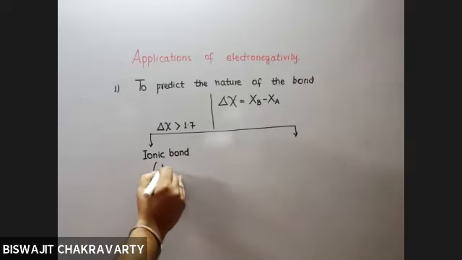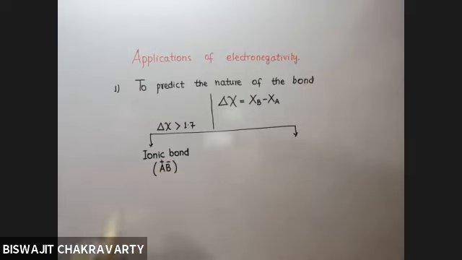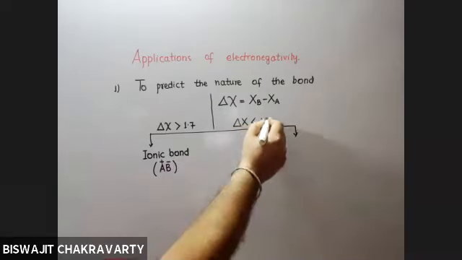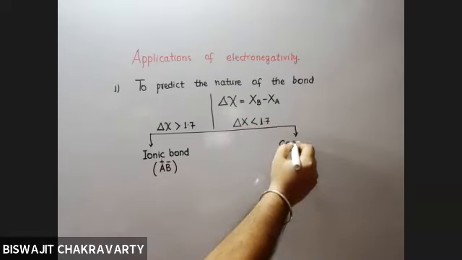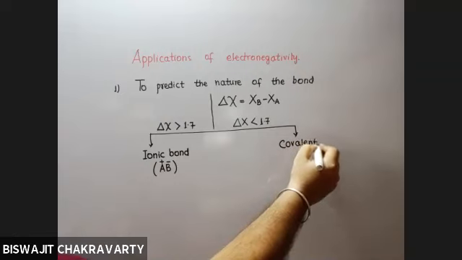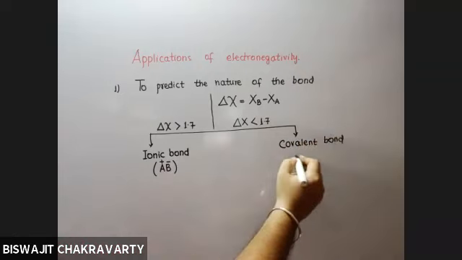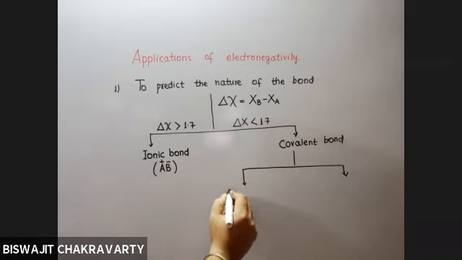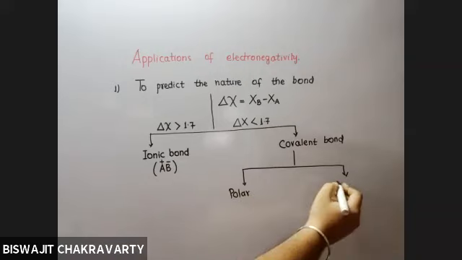I should represent such bonds as A plus B minus. Remember, in an ionic bond, we never give a line in between. A line is always given for covalent. If delta X is less than 1.7, it is called a covalent bond. But further, covalent bond is subdivided into two types, polar and non-polar.